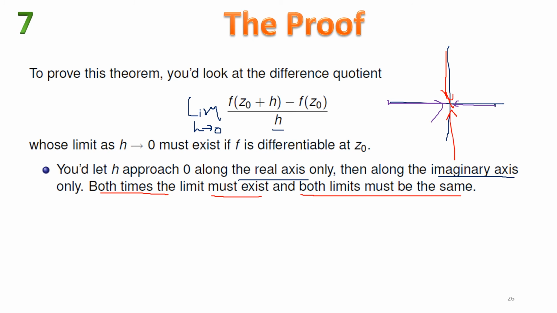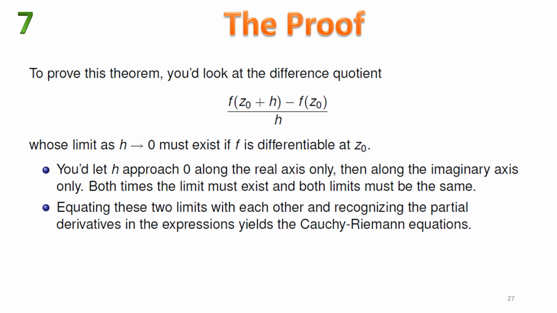Now here we are not bothering whether it is approaching in a spiral or not. Our theorem says real axis and imaginary axis only. Equating these two limits with each other and recognizing the partial derivatives in the expression gives the Cauchy-Riemann conditions.